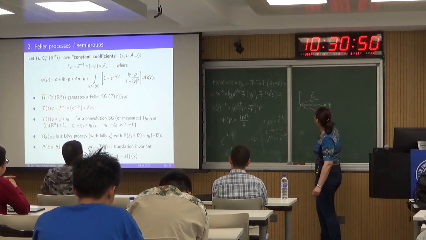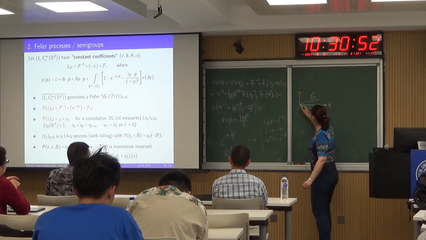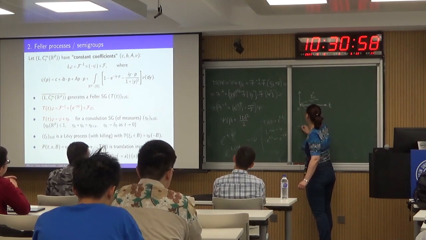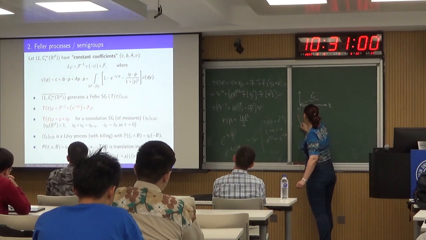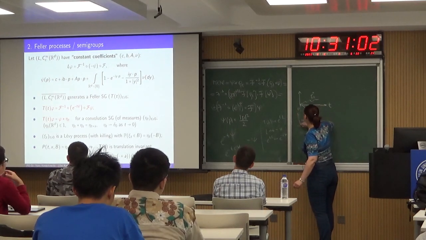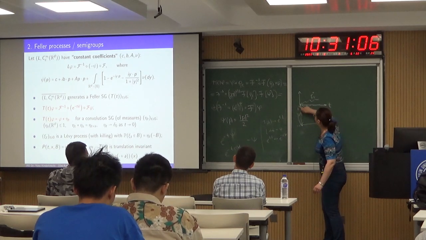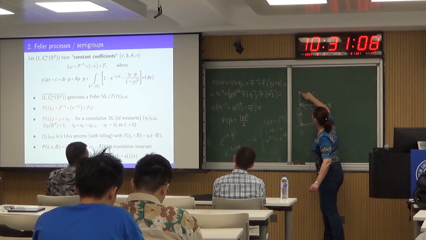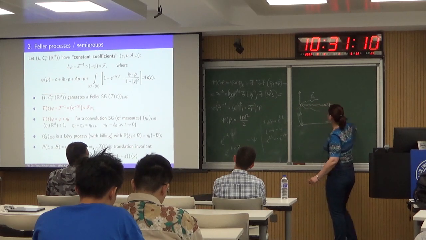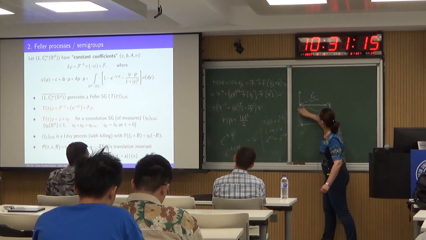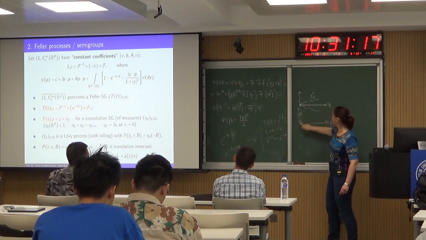How to obtain the process which starts not at 0, but at x? Just shift everything by minus x, shift my coordinate system by minus x. If I forget the original coordinate system and consider this new one, then this process will be just a process which starts at x.